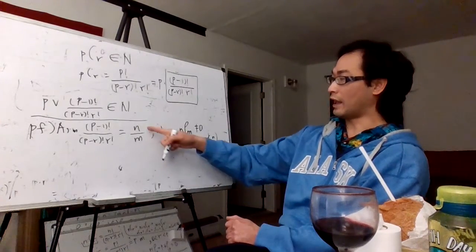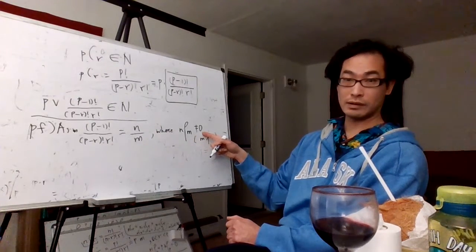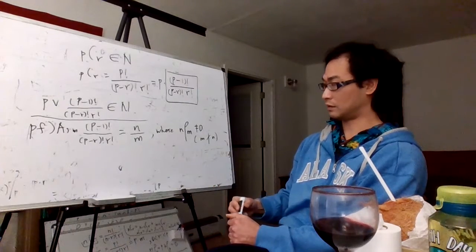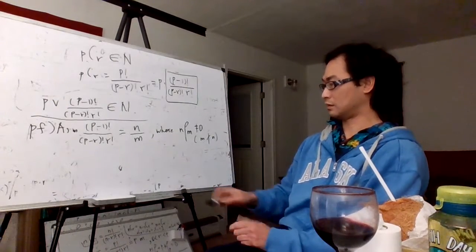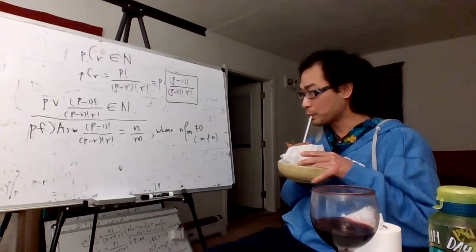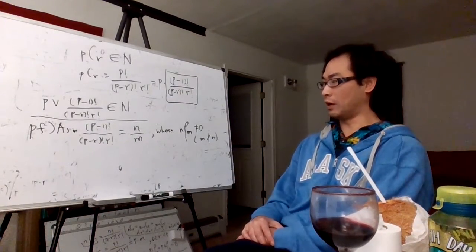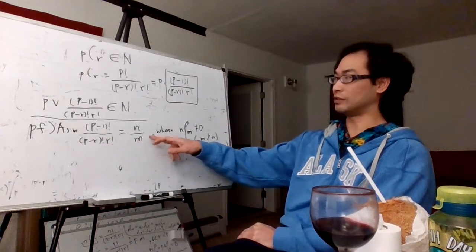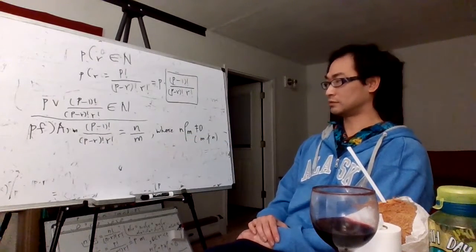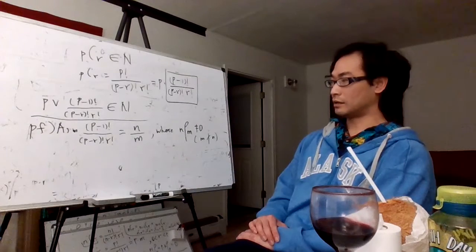So when n is divided by m, there's some remainder, which is not 0. So it's not a natural number, but it's a fraction.